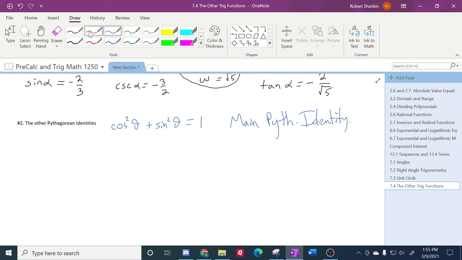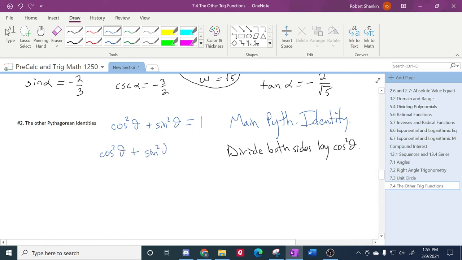We find the other ones by dividing both sides by cosine squared theta. So I'm going to take the same one and I'm going to divide both sides by cosine squared theta.